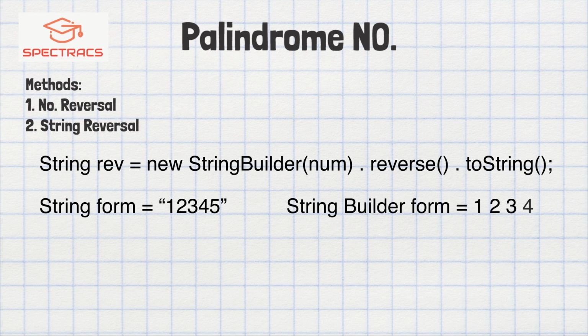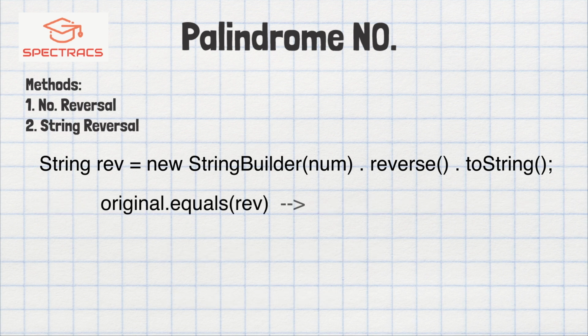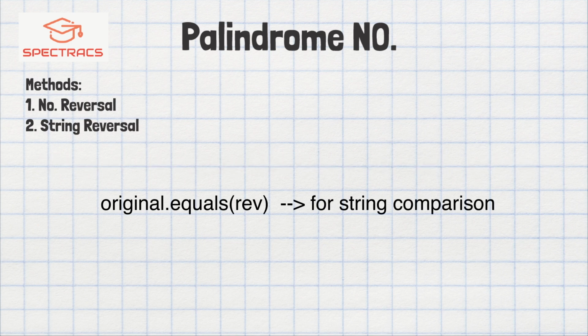Then from StringBuilder we use the reverse method, so it reverses the string. Then after reversal, again we use toString to convert it back into a string. So if my original number is equal to the reverse, then we can say it is a palindrome or not.